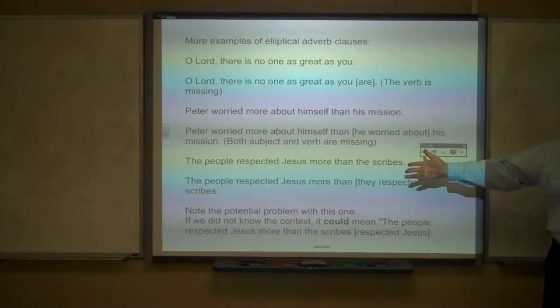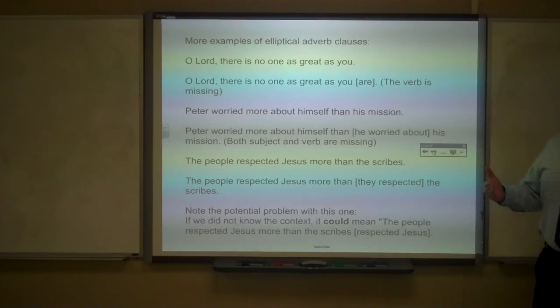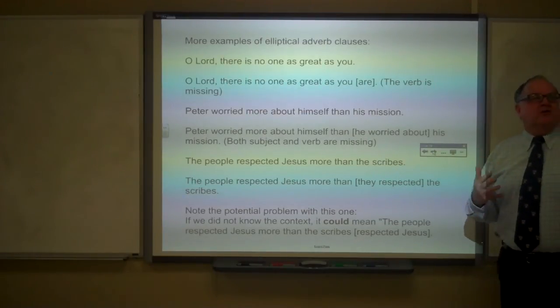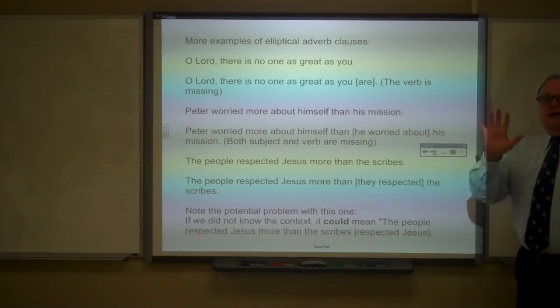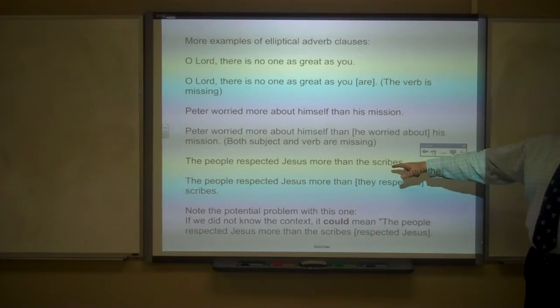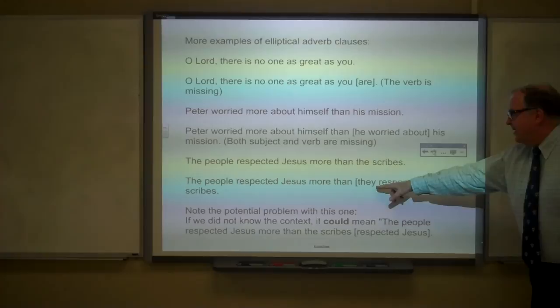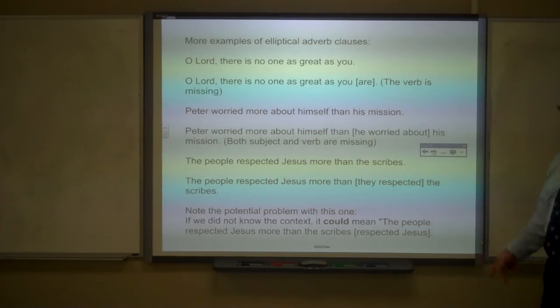We might say this if we understood the Bible told us the people said, oh, this guy doesn't speak to us the way the scribes do. He's much more interesting, whatever it says. So we understand that it's talking about they respect him more than they respect the scribes.